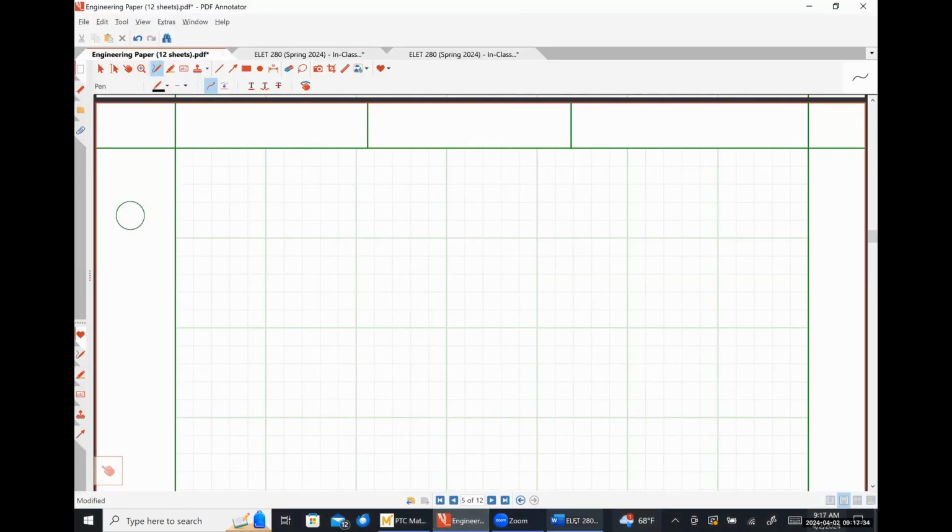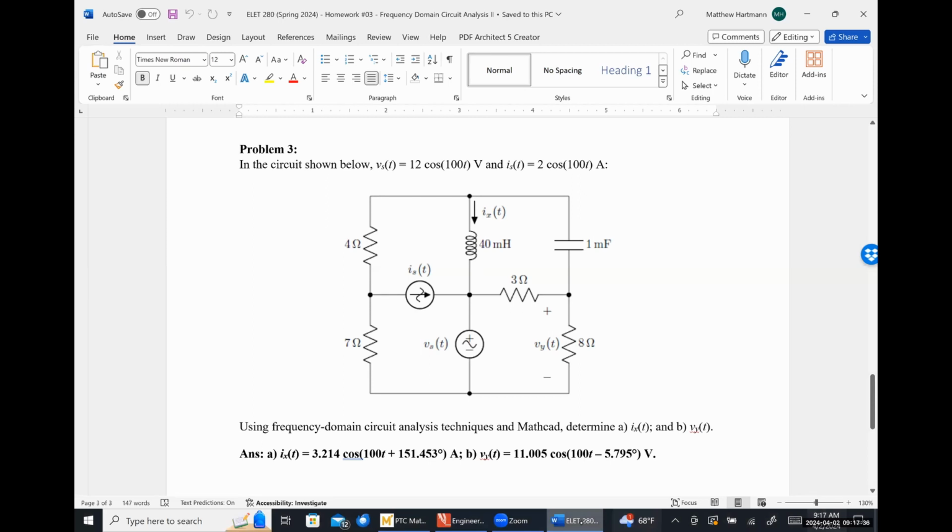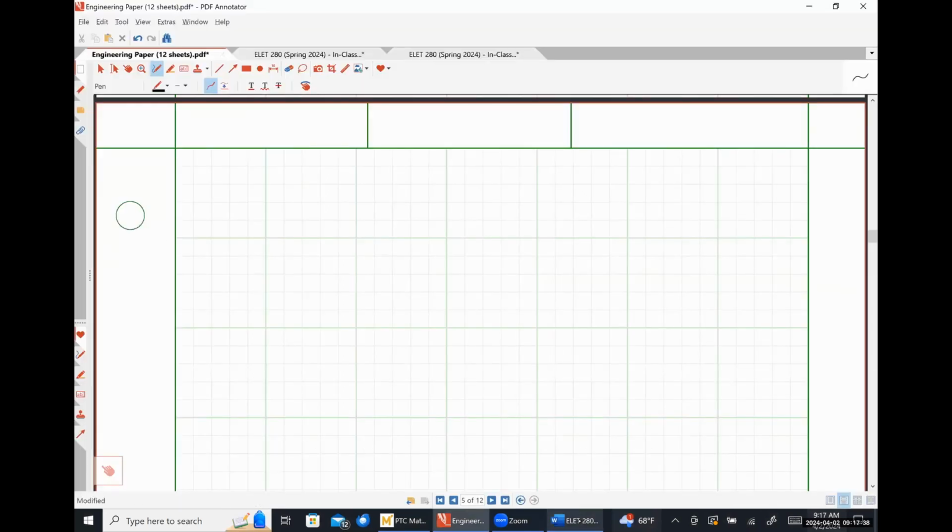Okay. I have the memory of a goldfish, so now I have to immediately go back. So 4 ohm. I'm just going to set things up because, you know, that's what computers are for, solving things.